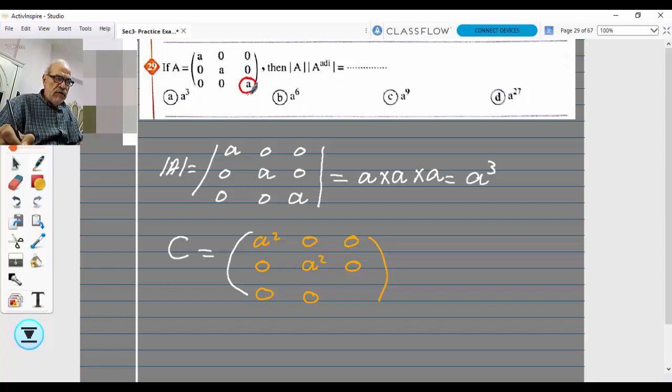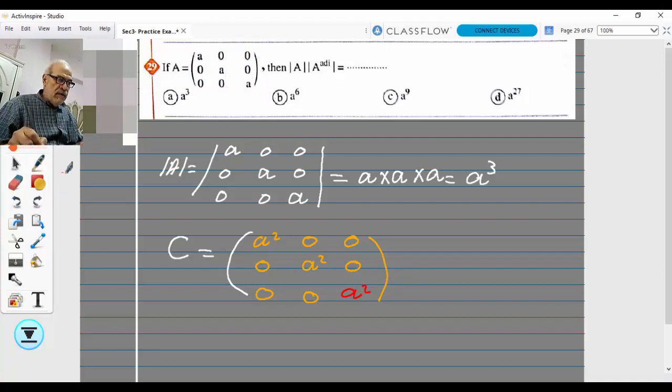The cofactor of this element is the value of this determinant here, okay? Equals A multiply A minus 0 multiply 0. A multiply A equals A square. This is the cofactor. And this is the cofactors matrix of A. Don't forget.